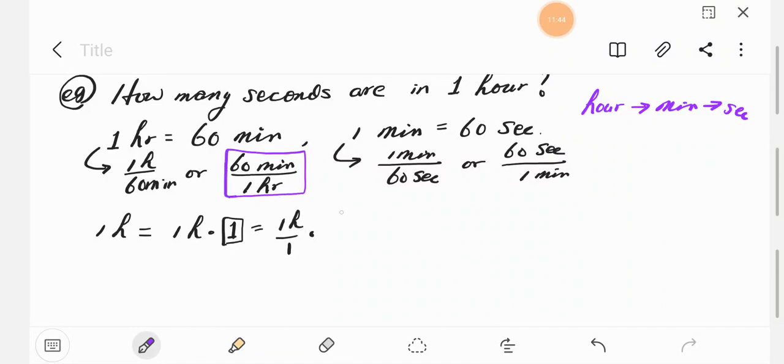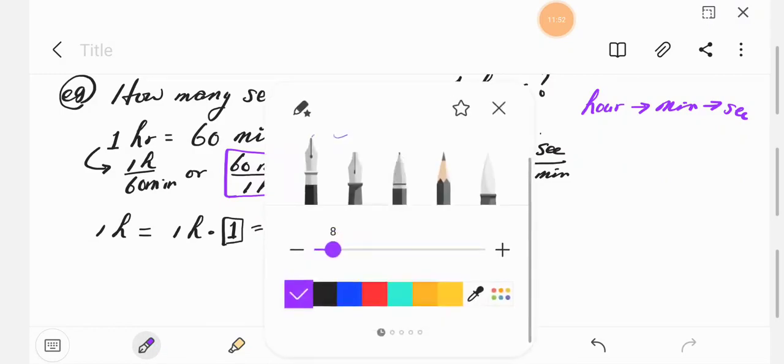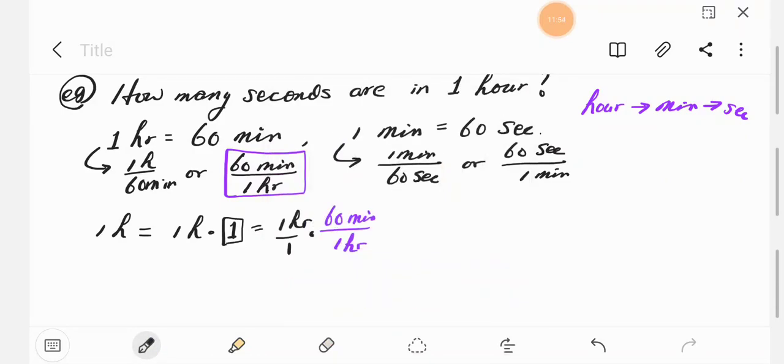So use this conversion rate: 60 minutes is equal to 1 hour. Let's use HR. All right. Then you can cancel out this hour, right?